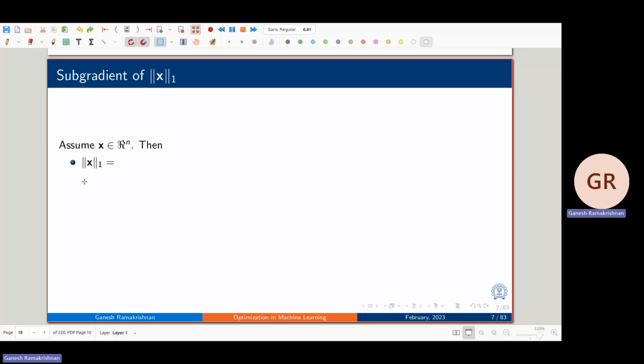So what's the big deal? Take all possible s. Basically, we are saying max over all s of the summation over i of x_i s_i. The 1 norm is basically the sum of absolute values, right?